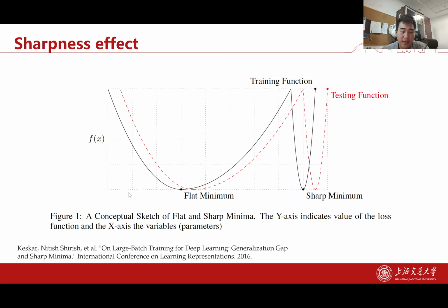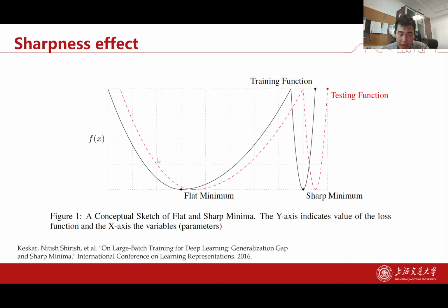Consider this is the parameter space, and this is the loss function f(x). For the training data and test data, you can have different loss functions, because usually we have noise or some other factors we don't consider, so they have slightly different values.